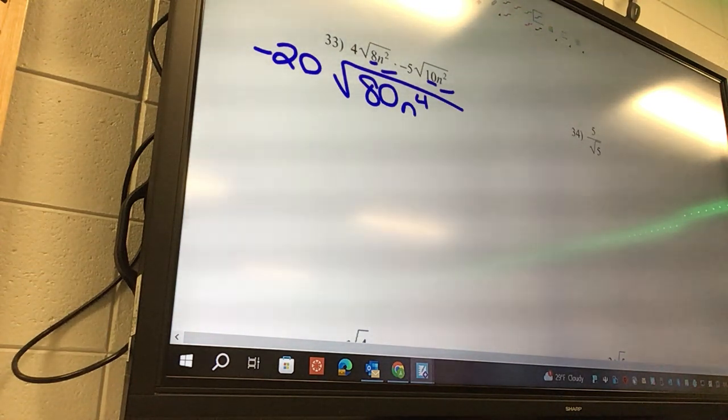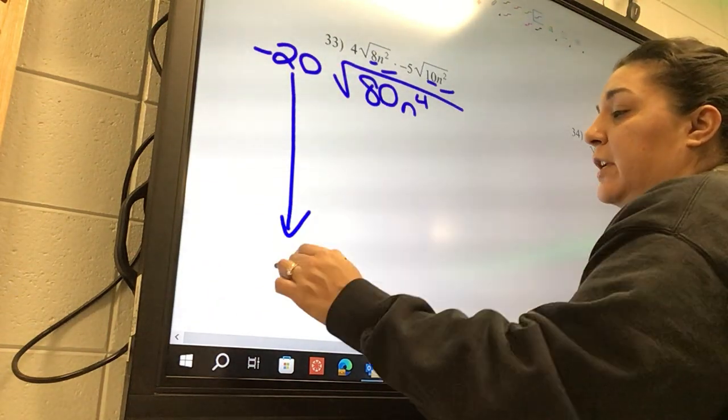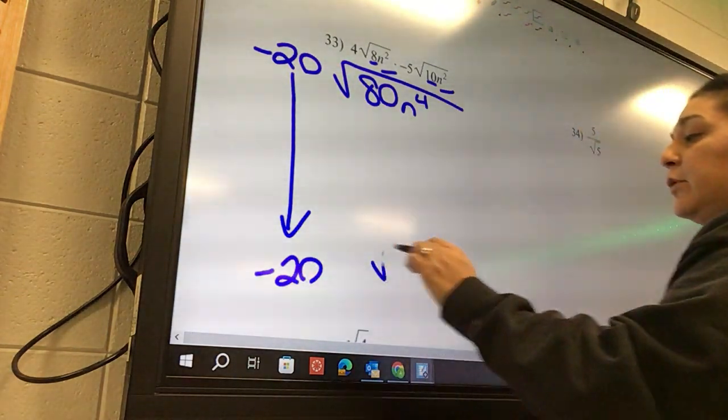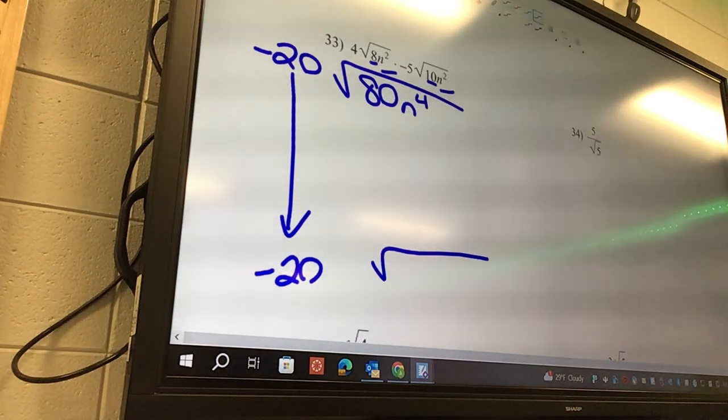So my suggestion to you would be to drop the 20 down here and go ahead and put your bar, that way you don't forget to do that 20. A lot of people forget that if there's already a number on the outside, they need to put it down in their answer, to do that times. So drop the 20 down.